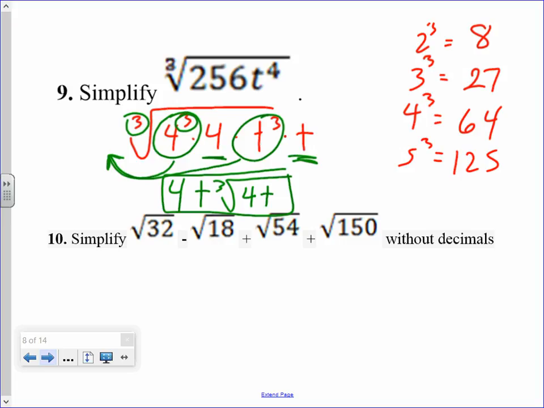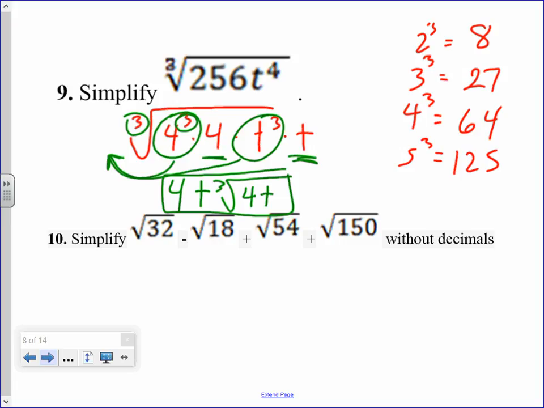All right, number 10. Without using decimals, that doesn't mean round to the ones place. Okay, that means don't use decimals at all. Keep it exact. Square root of 32. We're all on square roots here. So what perfect square goes into 32 evenly? 16.